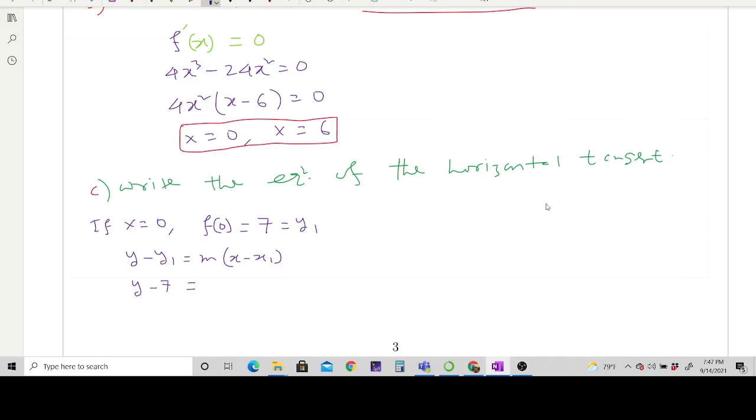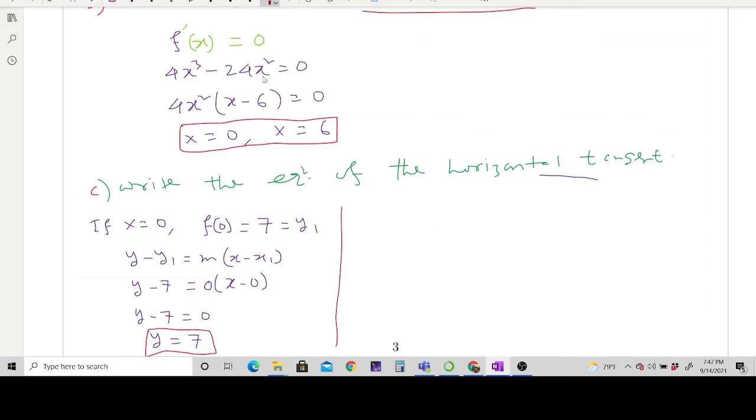Since we are finding the equation of the horizontal tangent where the slope is 0, m is 0. So x minus 0, actually it's y minus 7 equals 0. So y equals 7. You see y equals 7 is a constant. That means this line is parallel to the x-axis.